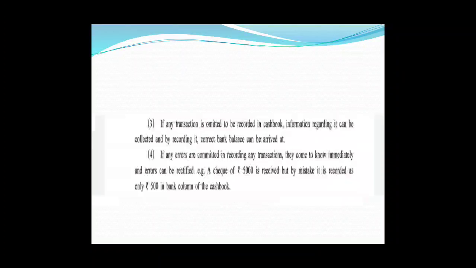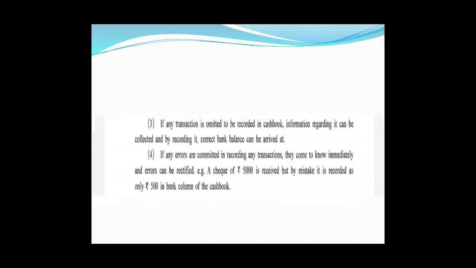Example is given: a check of rupees 5,000 is received, but by mistake it is recorded as only rupees 500 in bank column of cash book. So check was received, but instead of writing 5,000, it is recorded with the amount of rupees 500.